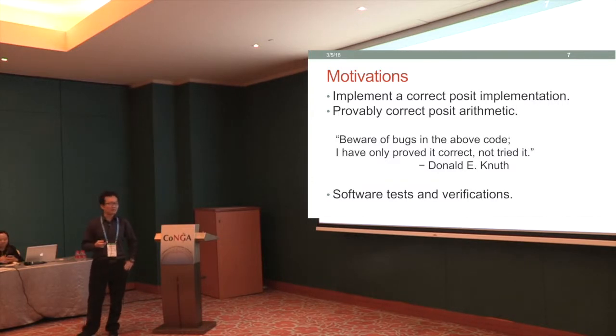But I'm not at the same level as him, so I couldn't do the same. So in this work, I'm including software tests and verifications. In case I didn't prove certain parts of my computation, at least I have tests to verify that I'm actually producing correct results.